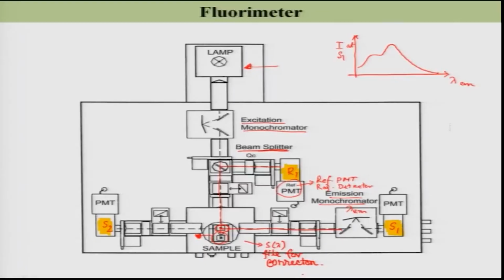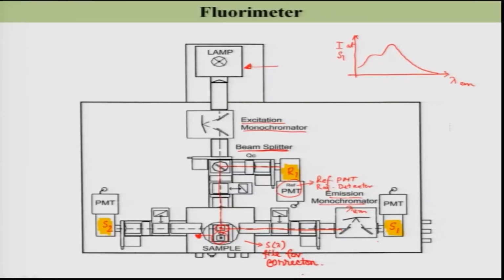So, better you plot S1 into the correction file, right, and let us name it as S1C. In the computer attached with this, the correction file is already present, and you can instruct the computer that whenever you measure the intensity at a particular lambda emission, you multiply with the correction file.